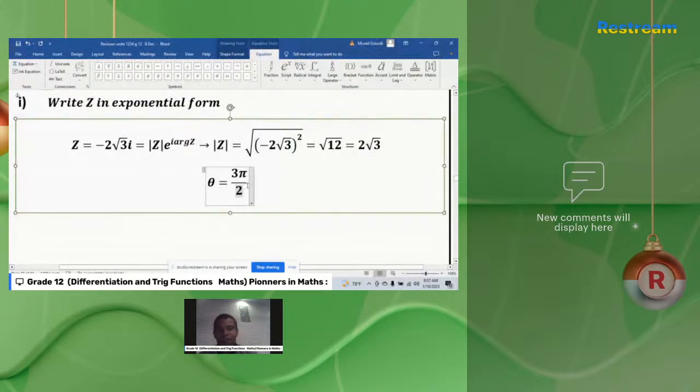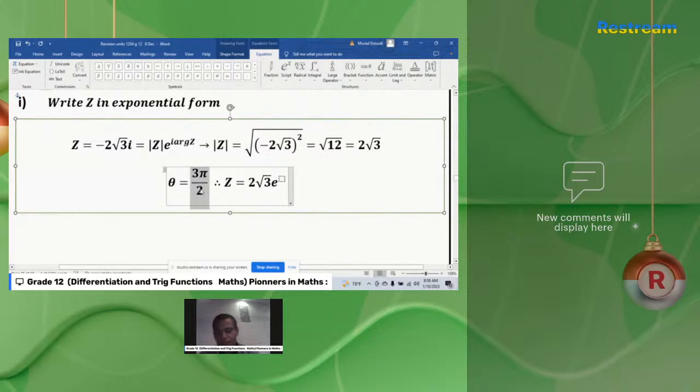Now I can write my angle. Therefore, z is equal to the modulus 2 root of 3, times exponential of the angle 3 pi over 2, multiplied by i, of course.